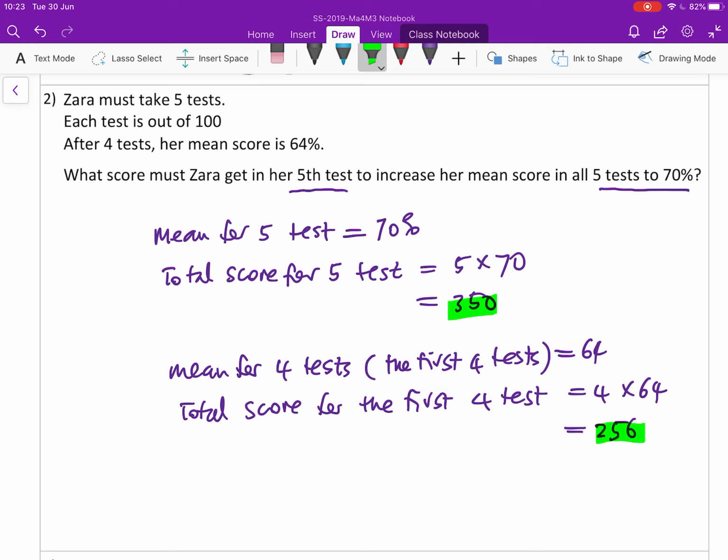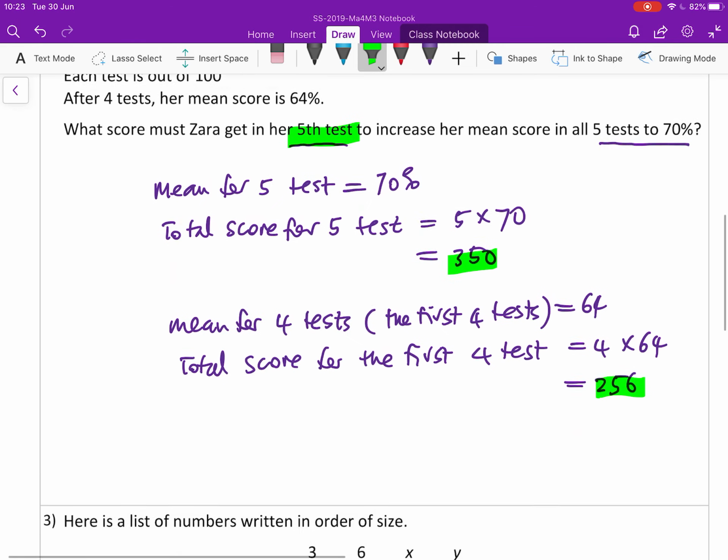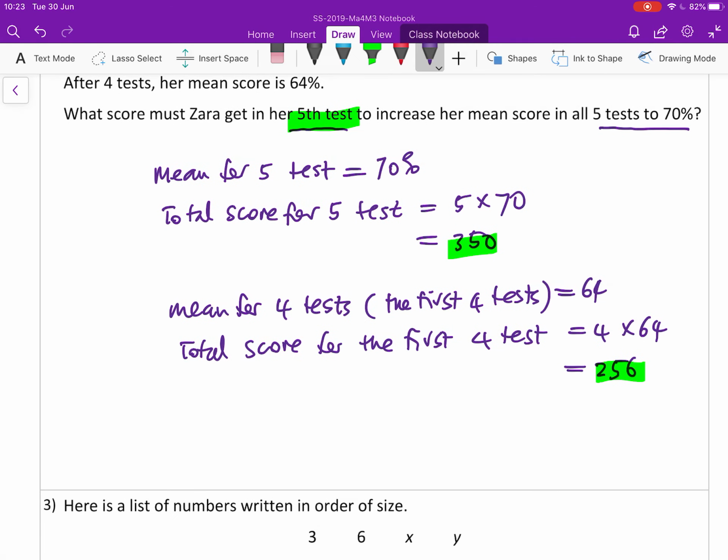So what is the score in the 5th test? The score in the 5th test will have to be 350 take away 256.